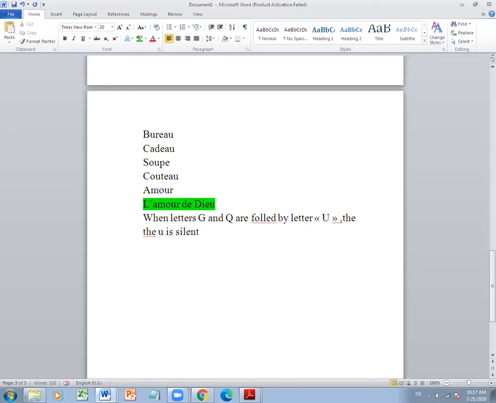So, like in French, how will you read that word? Guide. In French, one letter G here followed by silent U. Guide.